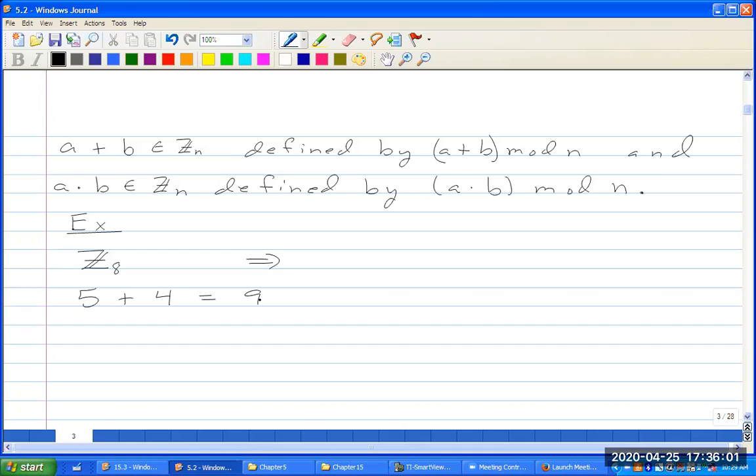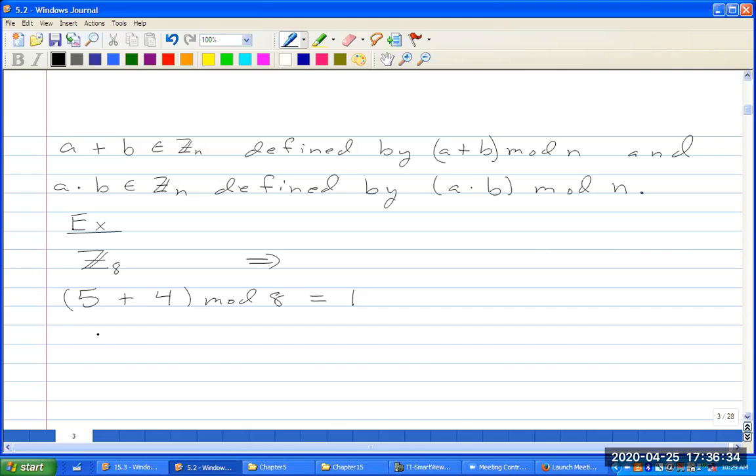Is equal to 9, but I want to do this mod 8. So I just look at the remainder, and so 5 plus 4 is equal to 1.